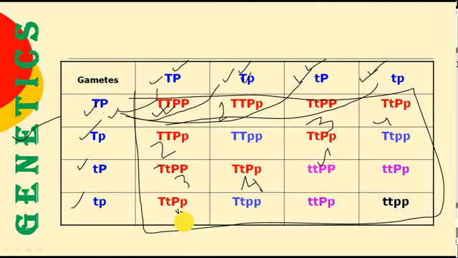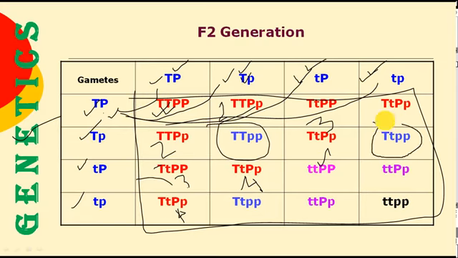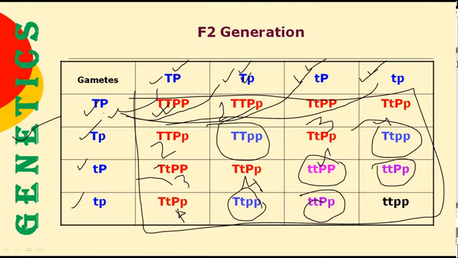So these 9 have at least 1 copy of capital T and 1 copy of capital P, and therefore these are tall and purple. These 3 are tall and white. These 3 are dwarf and purple, and the last one is dwarf and white.